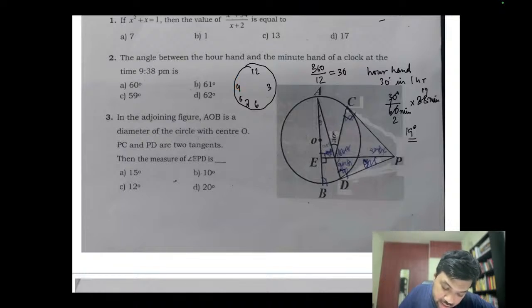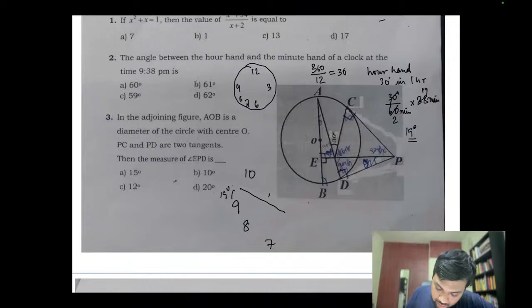And at 9:38 p.m., where is this? At 9:40 it is essentially 30 degrees. So in other words, let's see it carefully: 9, 8, 7, 10. And here the hour hand is somewhere 19 degrees ahead.